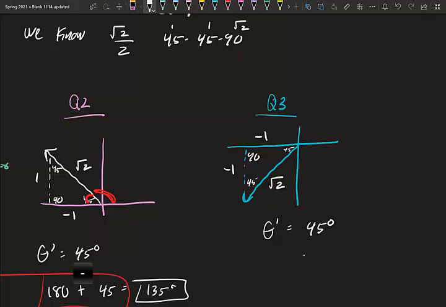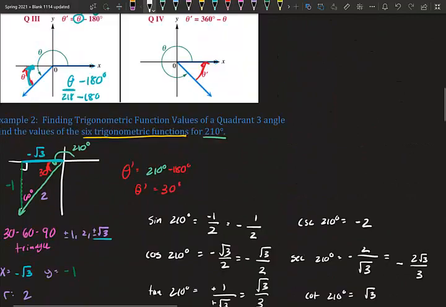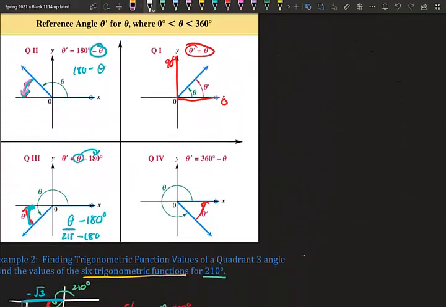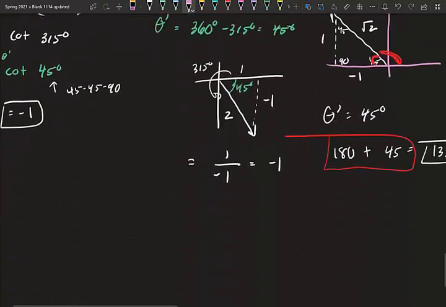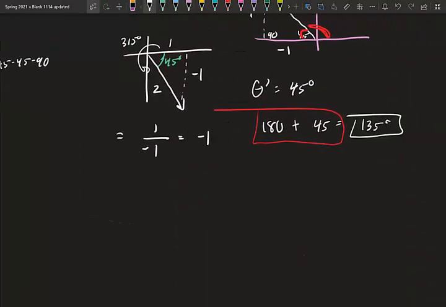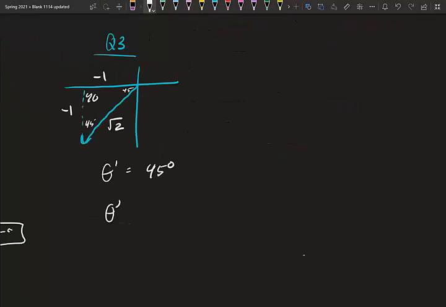What we need to do is the opposite of what we would normally do. Wouldn't we subtract to get to this reference angle? So what's the opposite of subtracting? Adding. So we take our reference angle and add it to 180. 180 plus 45 gives us 225 degrees, which makes sense because that is in quadrant 3.